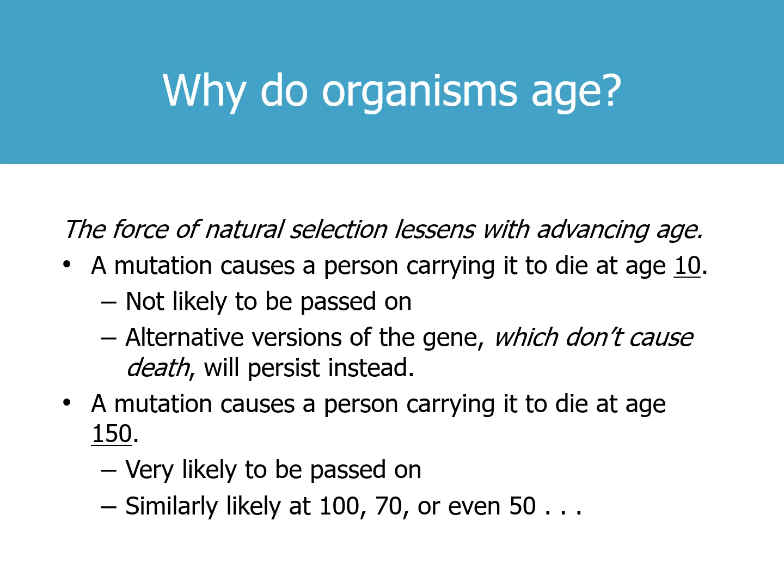Now imagine that mutation were to kill its carrier at the age of 100, or let's say 78, the average lifespan of a human. Are you picking up what I'm putting down?